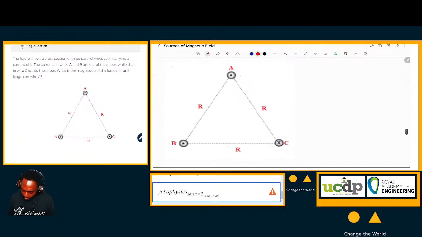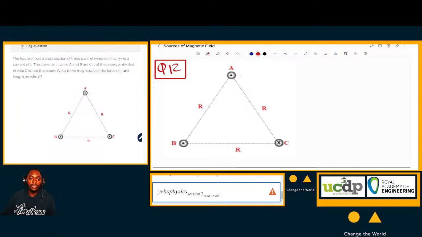All right, so this is now question 12. So what does the question say? The figure shows a cross section of 3 parallel wires carrying a current of I. The currents in wires A and B are out of the page, while that in C is into the page.